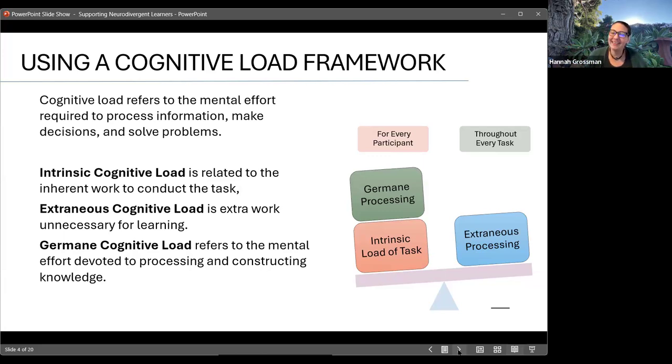So as an educator, as an instructor, as a person guiding people through information, I like to try to think of keeping cognitive load low enough that it never hits that cutoff line of cognitive overload.